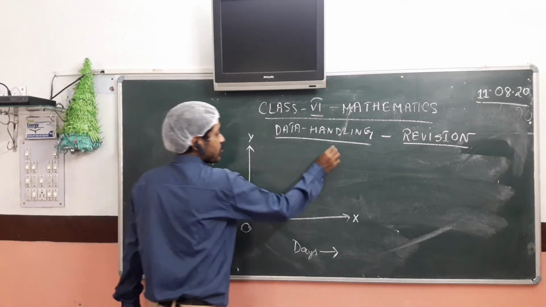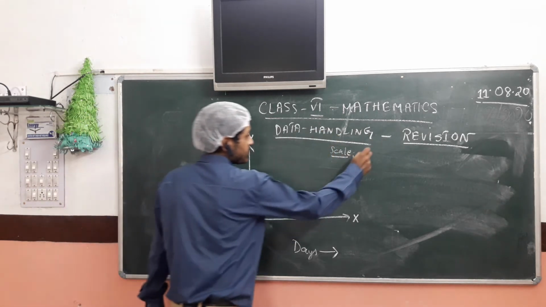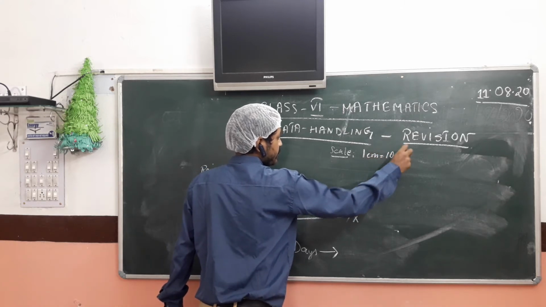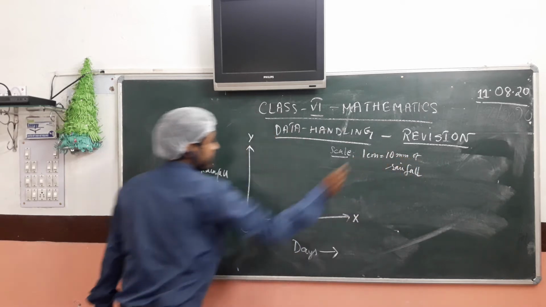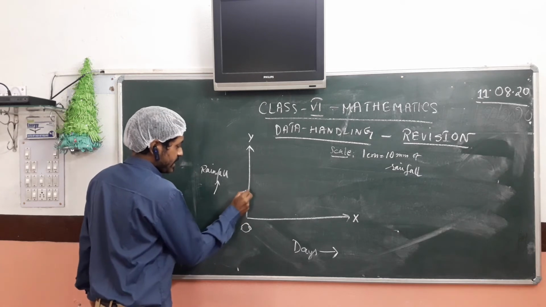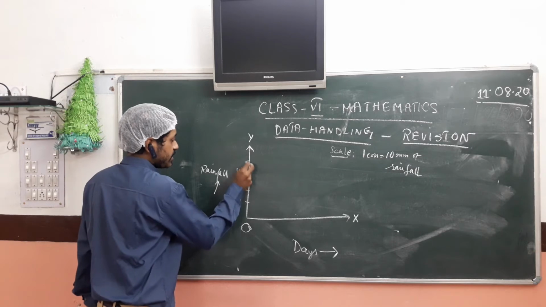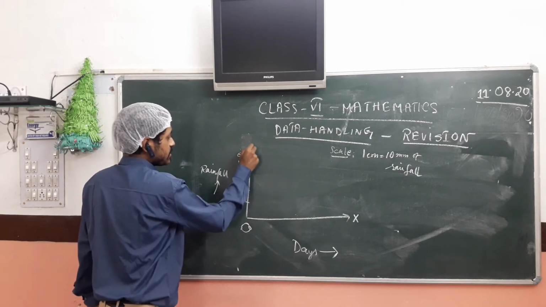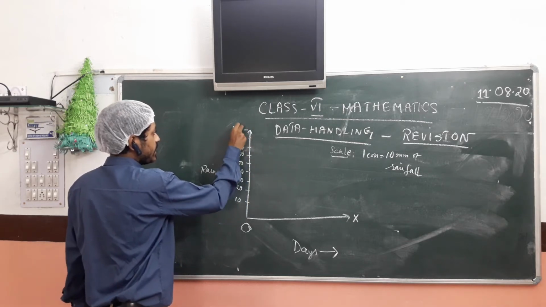Let us consider a normal scale. Any scale of, say, 1 centimeter is equal to 10 millimeter of rainfall. So therefore, if this is a 2 millimeter graph, we will have 10, 20, 30, 40, 50, 60, 70, 80, 90.